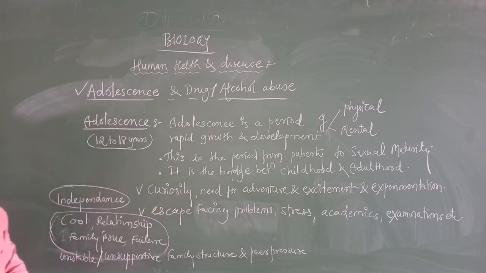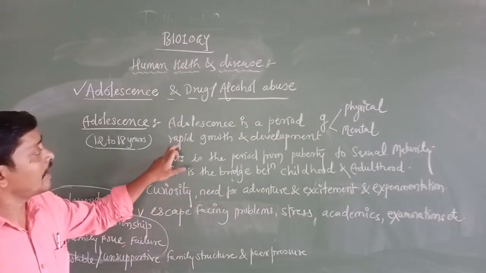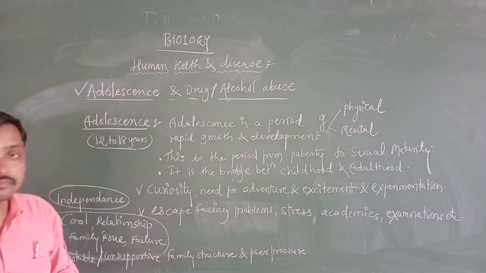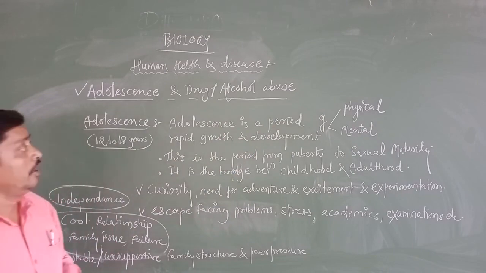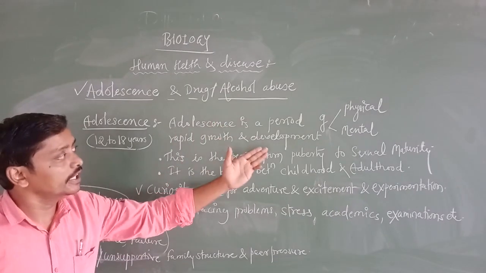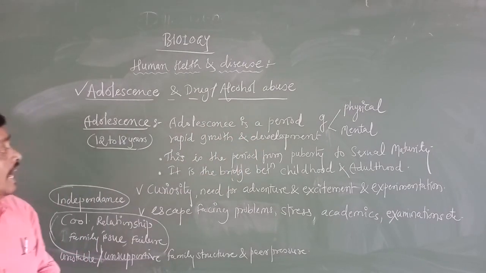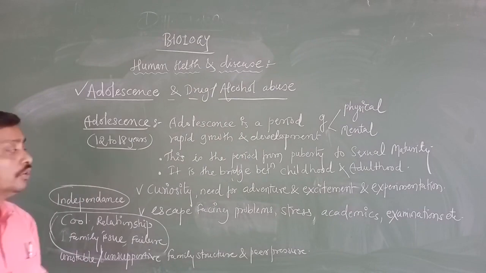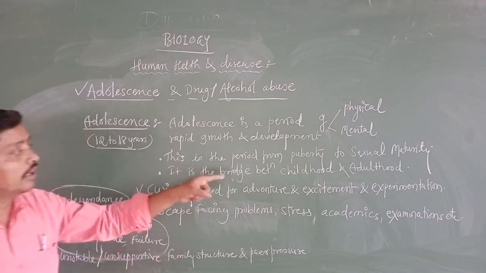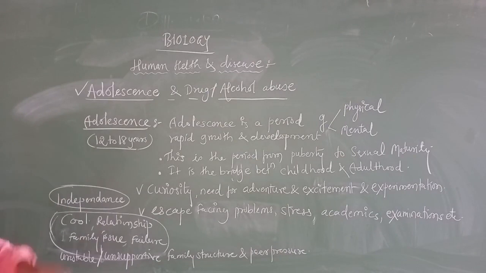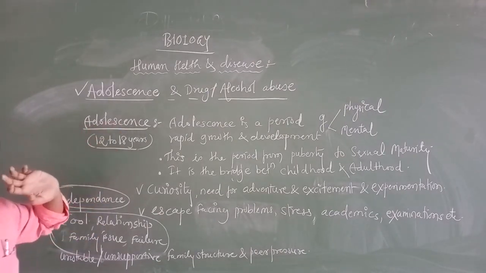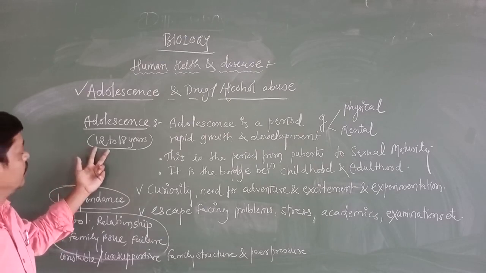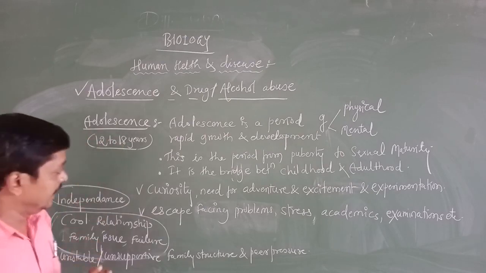Adolescence is a period of rapid growth and development, physical and mental. It is the period from puberty to sexual maturity, and it is a bridge between childhood and adulthood. The adolescence age mentioned in your NCERT book is 12 to 18 years.